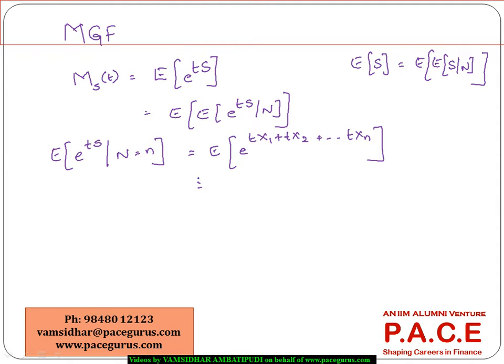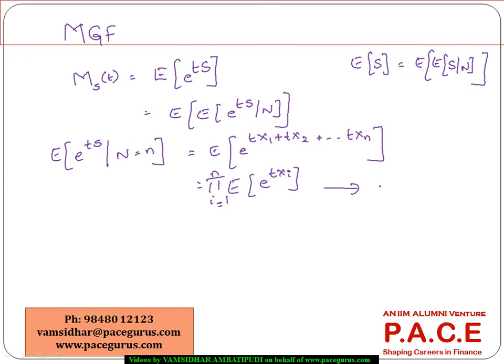as the product of the expected values of e power tXi, an individual multiplication of each one of them. Can I do that? Because at the end, it is the multiplication of all of them that is coming out to this value, and each one is identically distributed also.